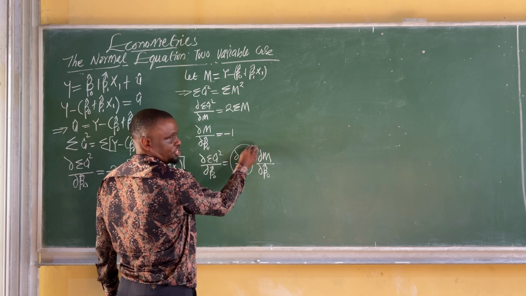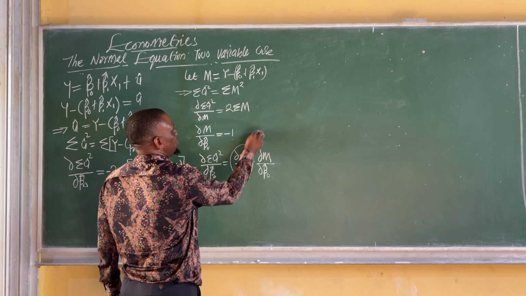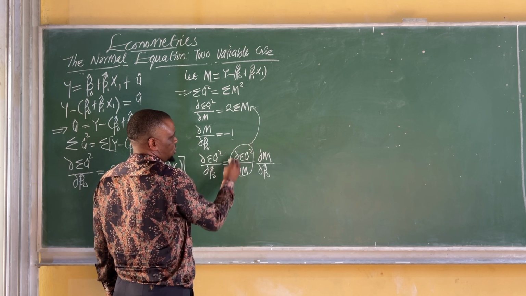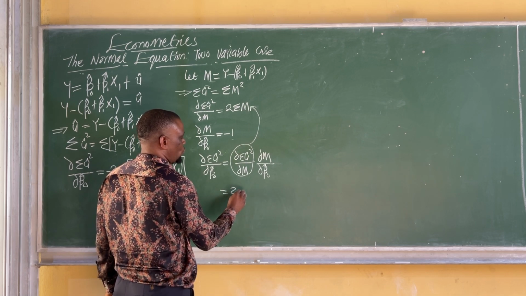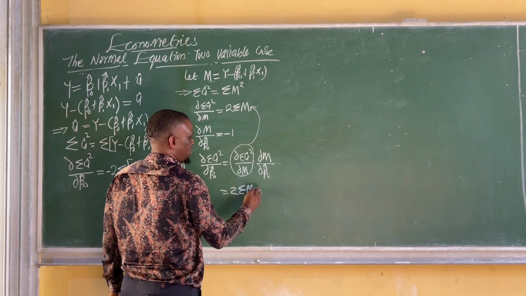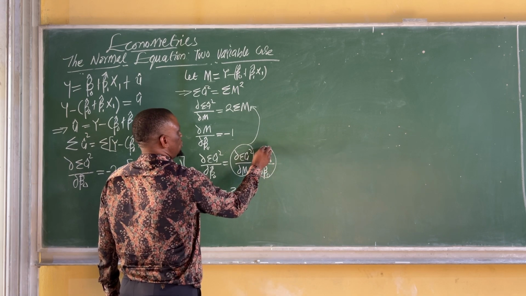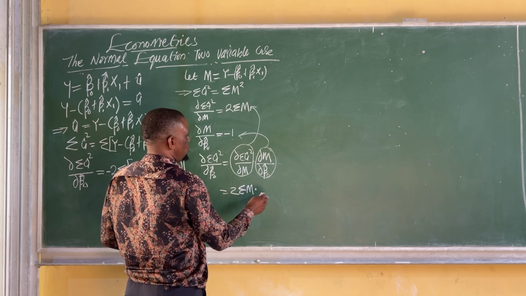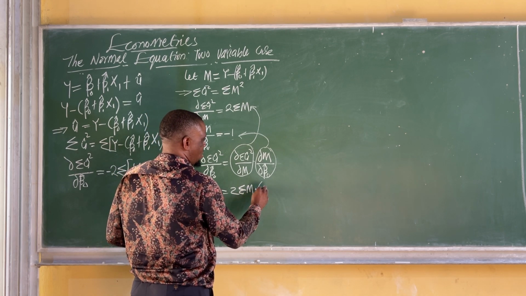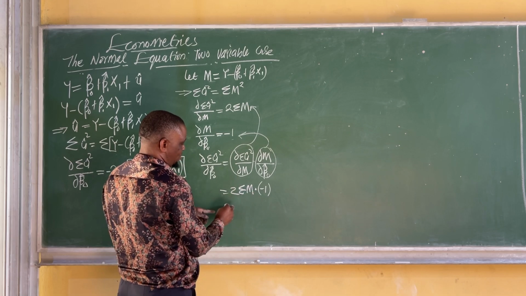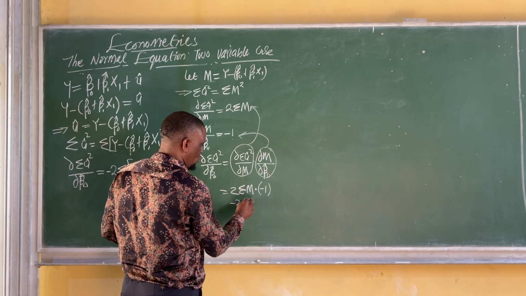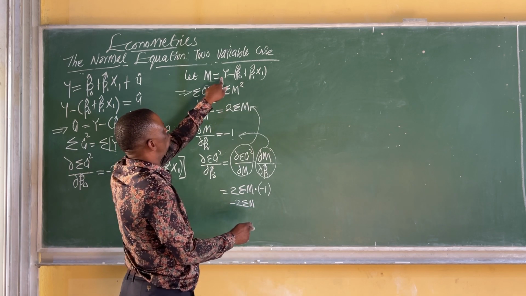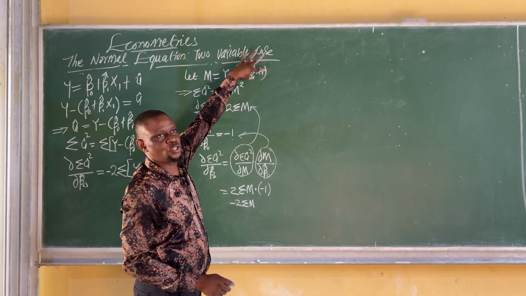We differentiated the whole of this as this. So this will be equal to 2 summation m times the whole of this is what we have as minus 1. So if we multiply this by this, we now have minus 2 summation m. But our m is equal to this. So in place of m, we are going to write this.